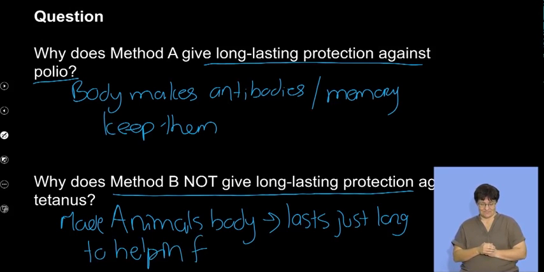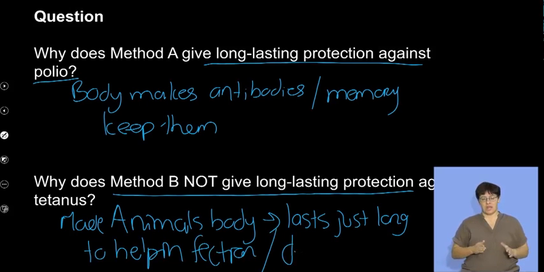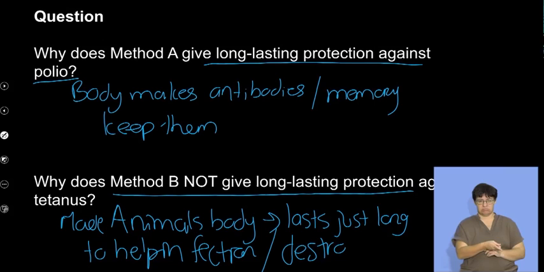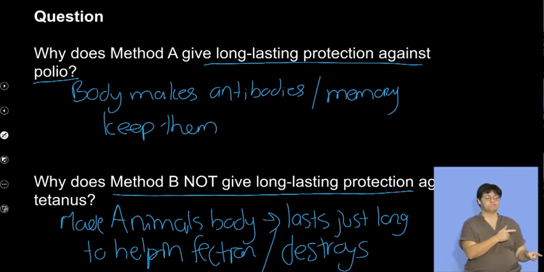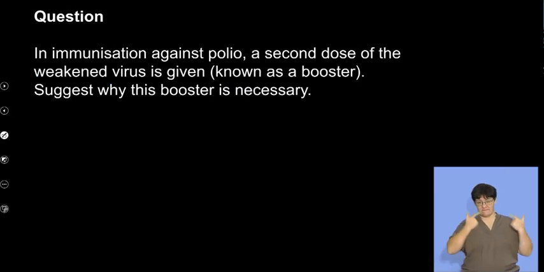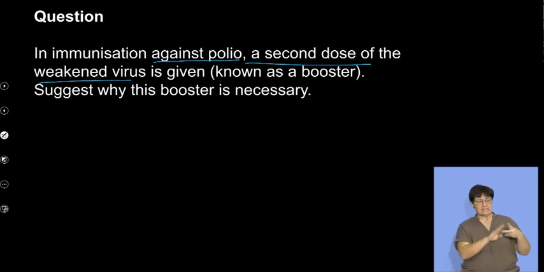After that, our body breaks it down or destroys it. We don't keep a copy for as long. The tetanus one sometimes can last us up to 5 years, but the polio will usually last us a whole lifetime.